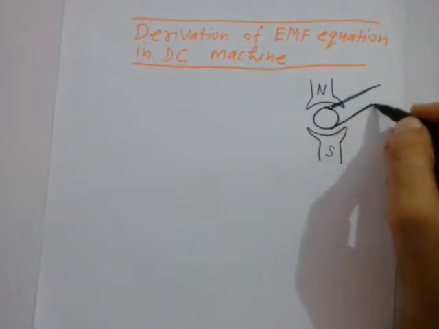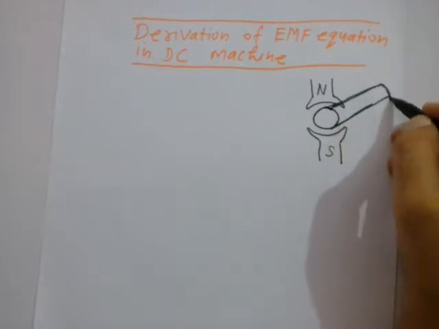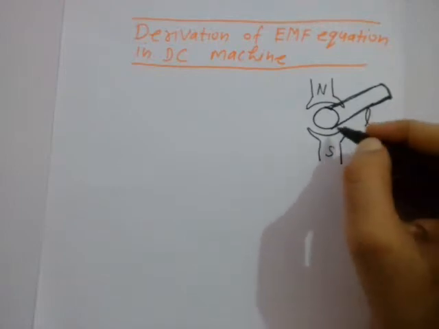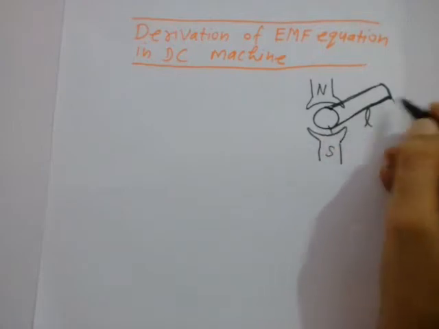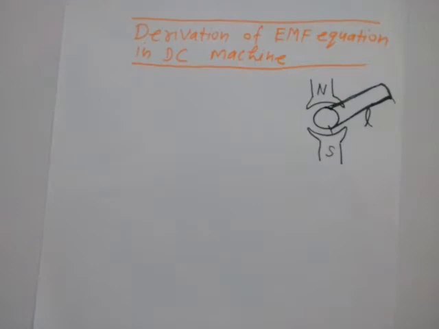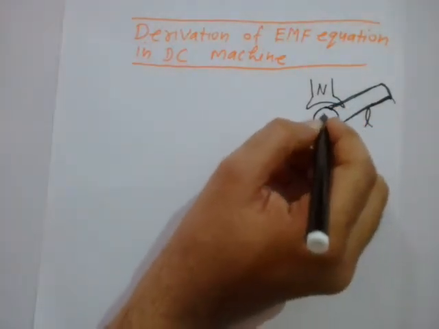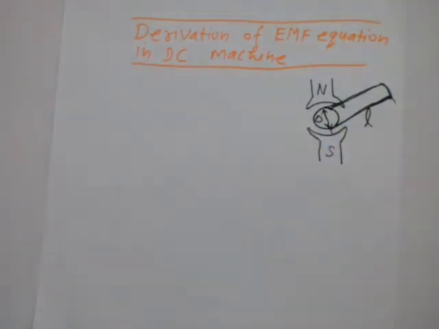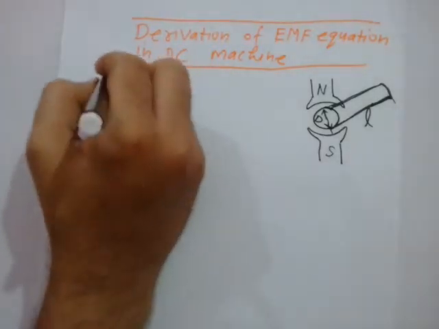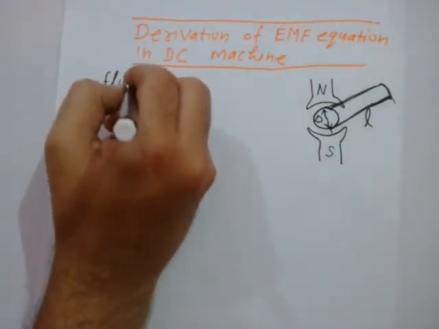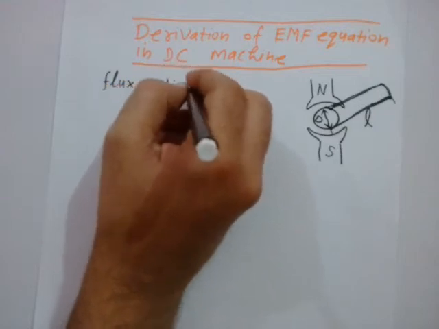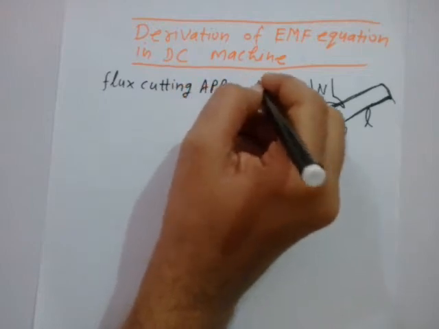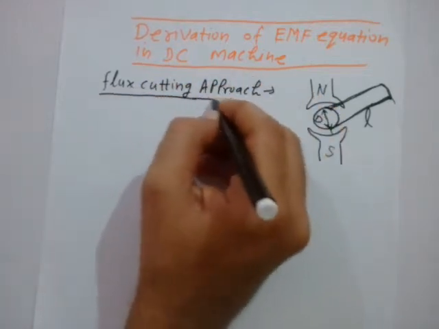Let us suppose the length from here to here is small l, and the diameter is d. So we will follow the flux cutting approach to derive that EMF equation.